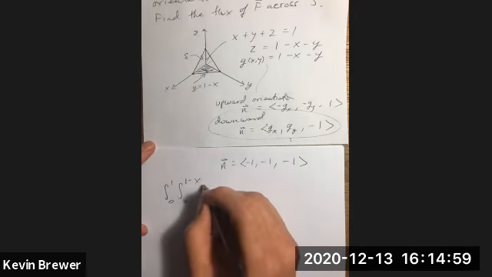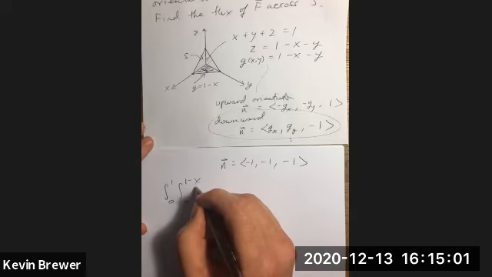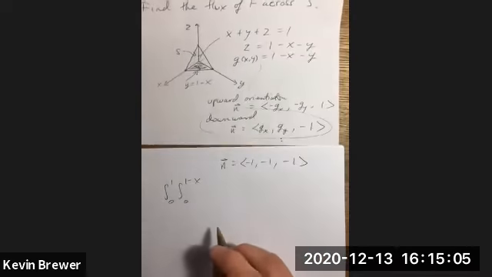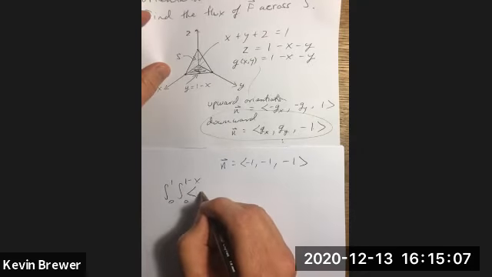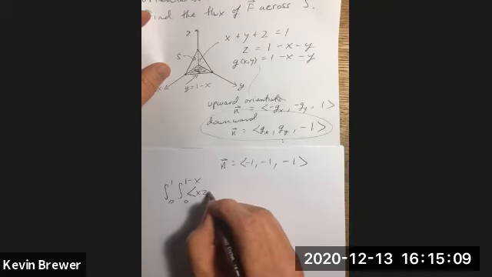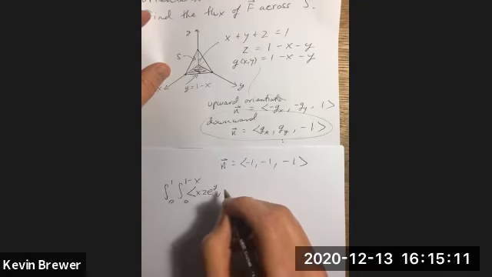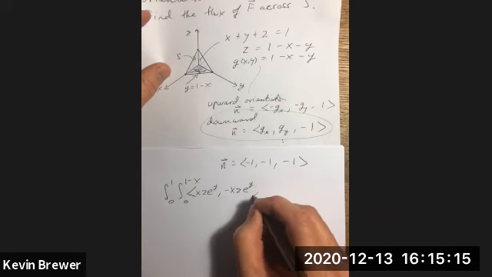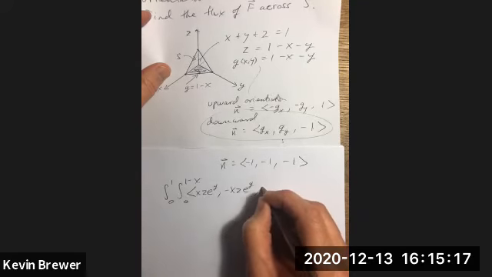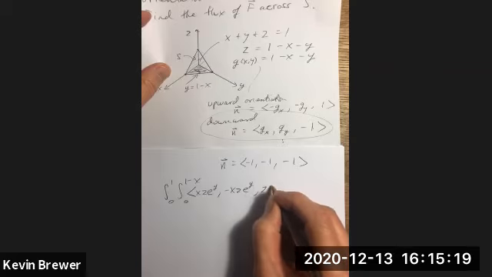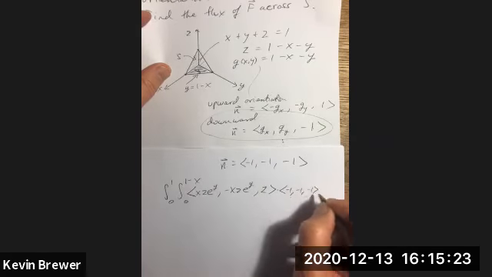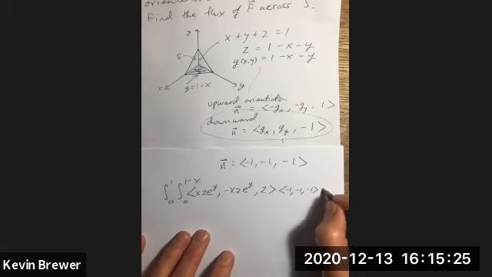So then F is xz e to the y, minus xz e to the y, z, and then dot minus 1, minus 1, minus 1, and then this is dy dx.